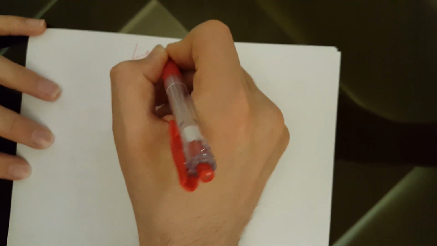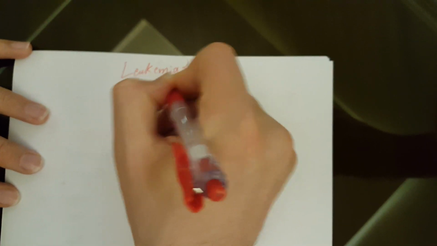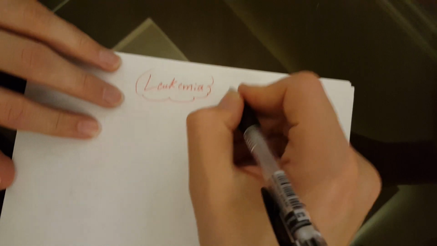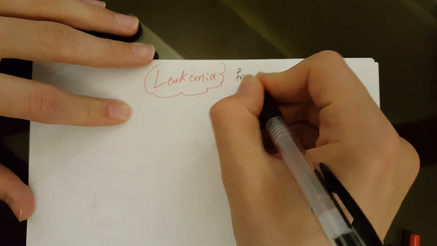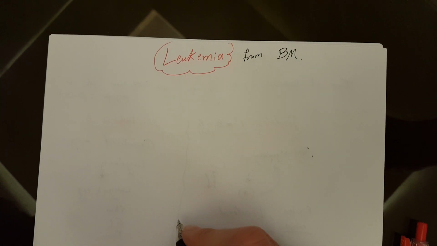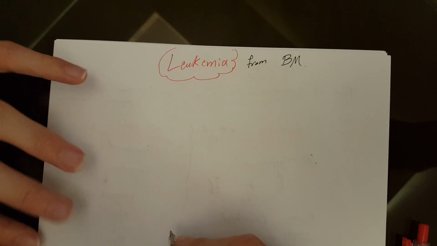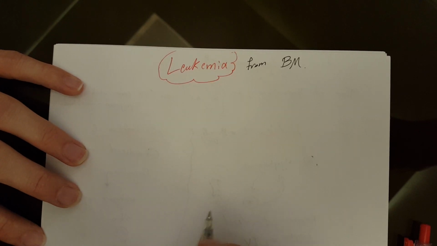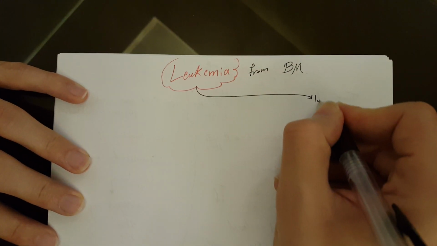So the next one is leukemia. Now when you say leukemia, we know that the origin of it is from bone marrow, right? Then you need to know what are the types of cells found in the bone marrow. One type we said is lymphoid.